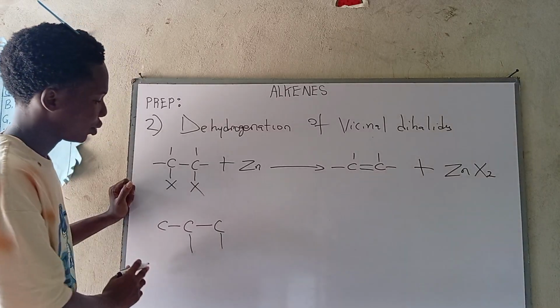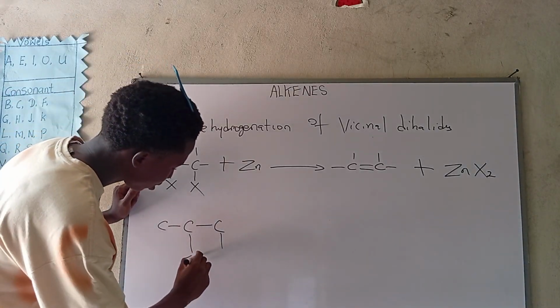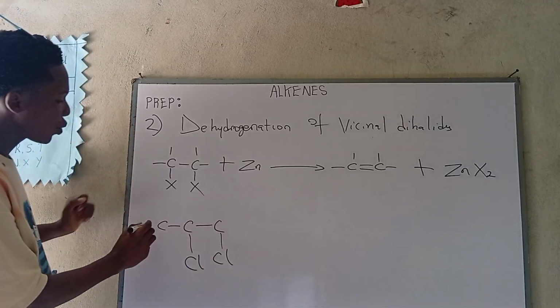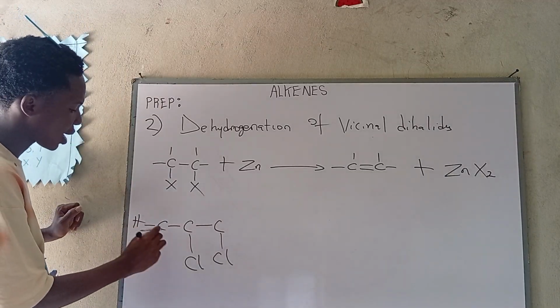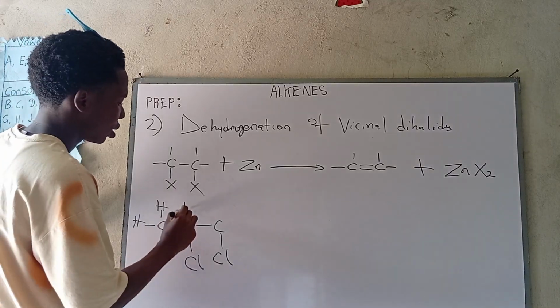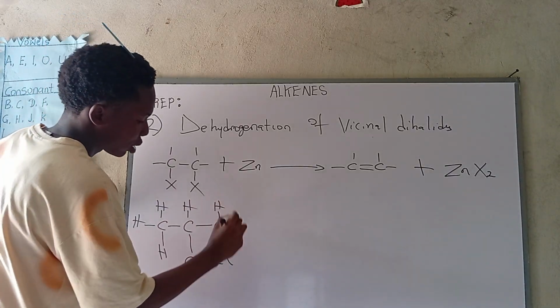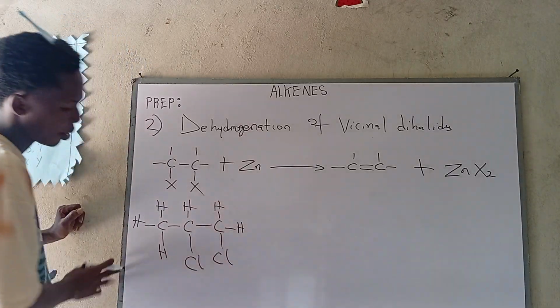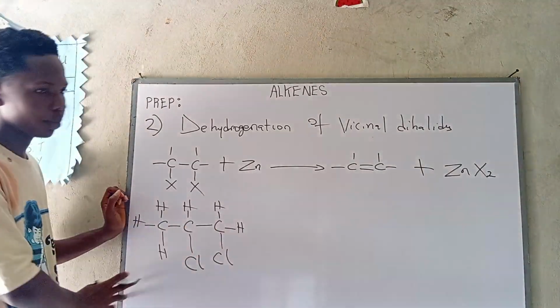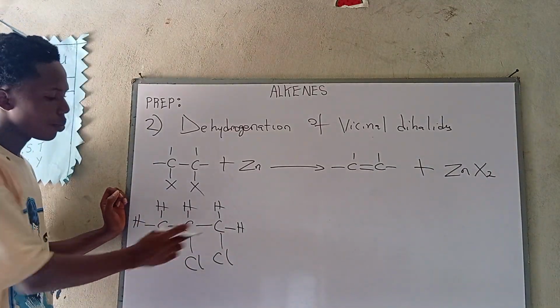Which halogen do we use? Let's use chlorine. Then we just have to balance our hydrogen. That's all. Okay. All right, so what do we have here? First of all, it is propane. Single bond is propane.